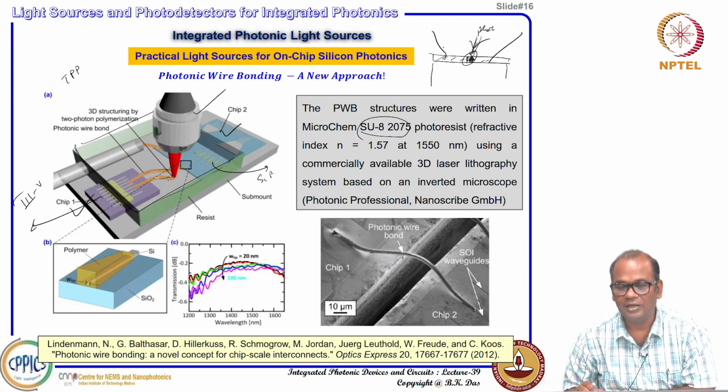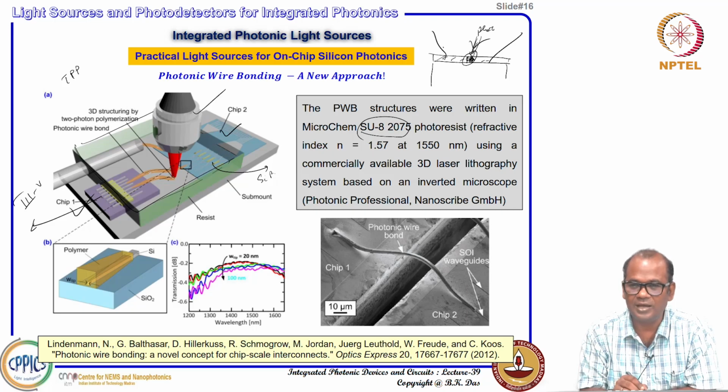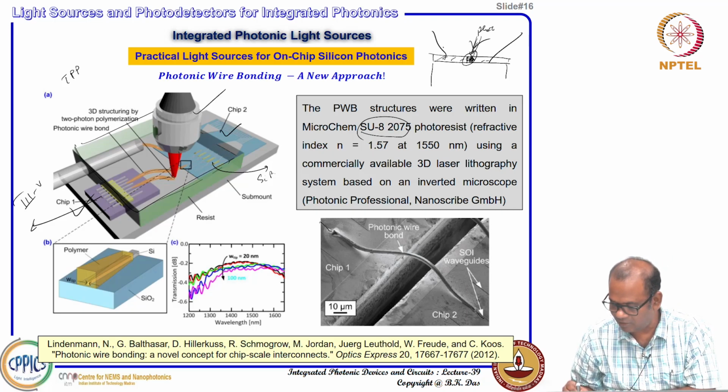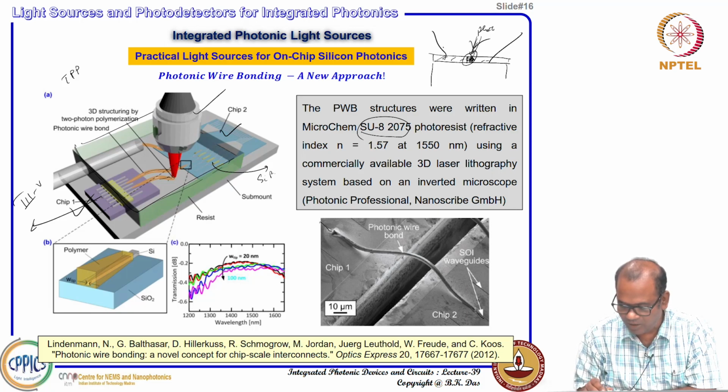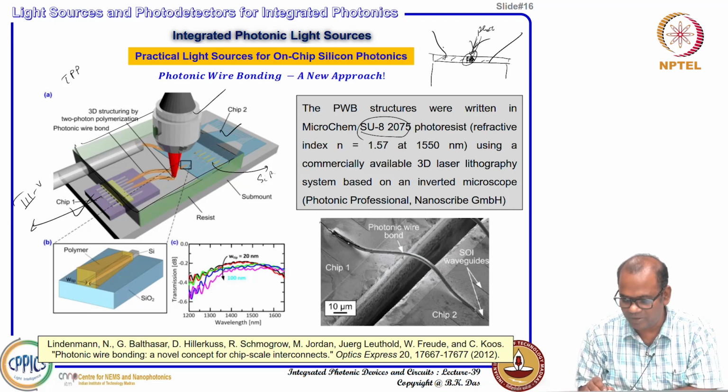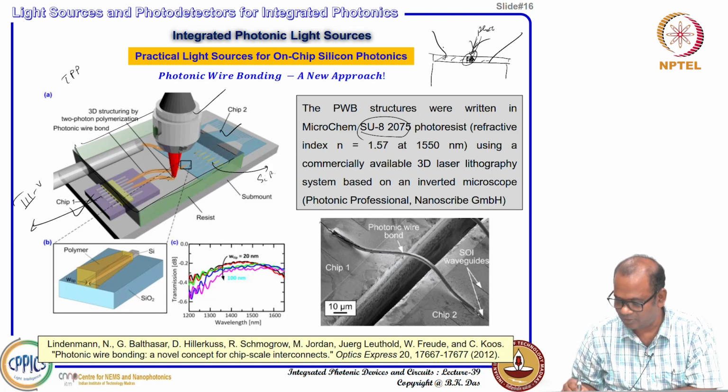And you see the technology is so precisely optimized: on this side one waveguide is there, on this side another waveguide is there, on the top you have one waveguide coming like that, it is bonded. This is a polymer waveguide and it comes here, and you see two chips separated by the gap here, and you can have connecting here.